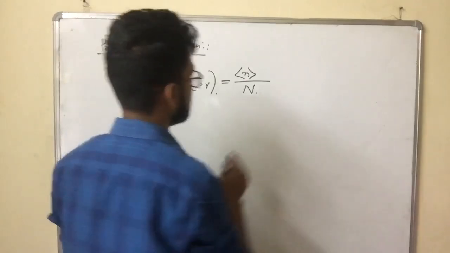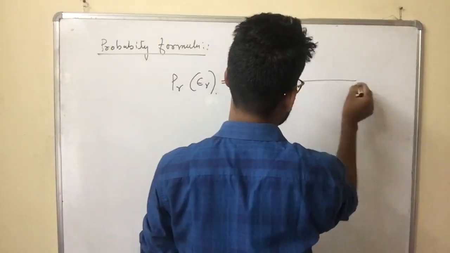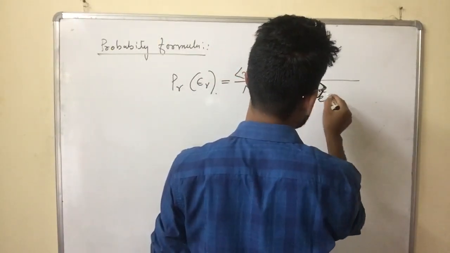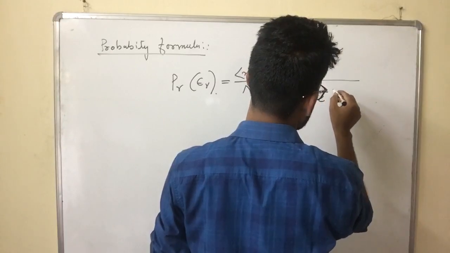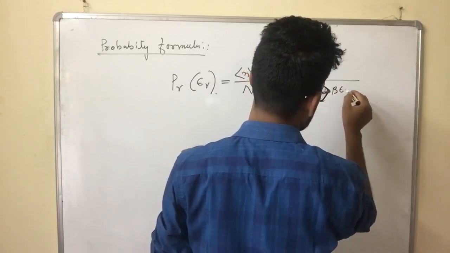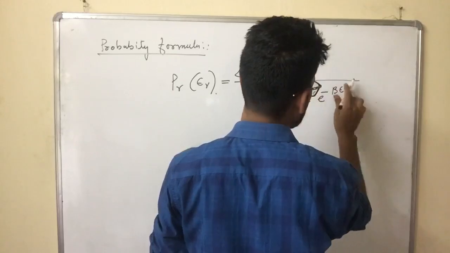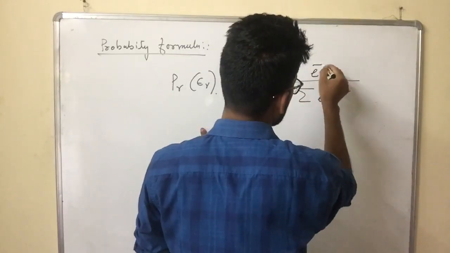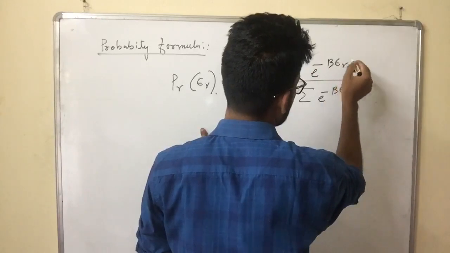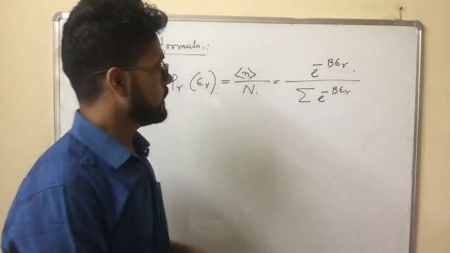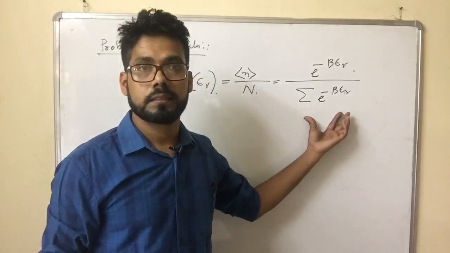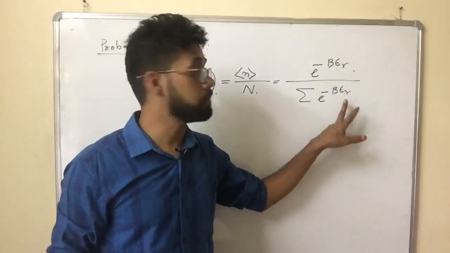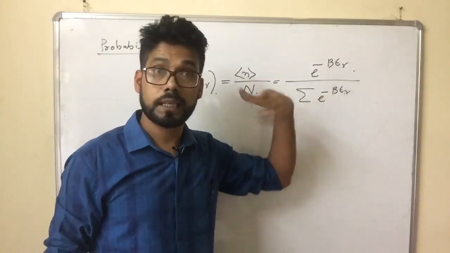Similarly, the probability formula in statistics is given as e to the power minus beta E_r, divided by the sum over all states. Always remember, beta is 1 by kT.